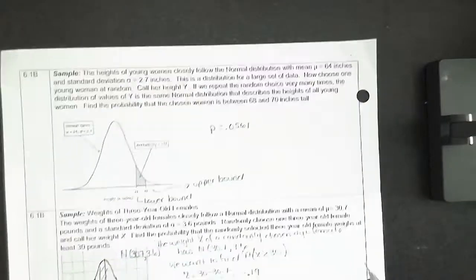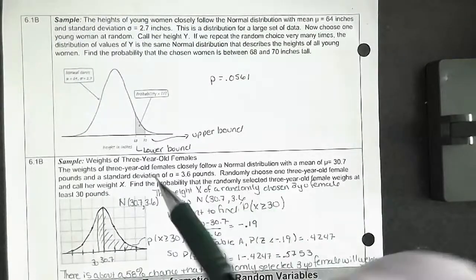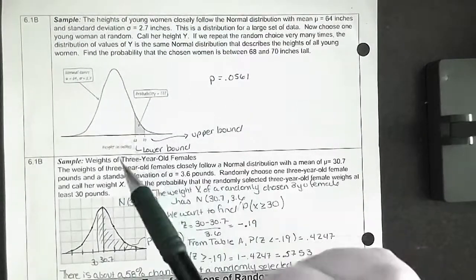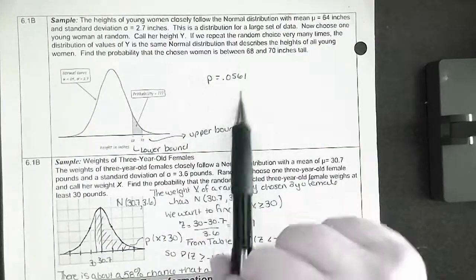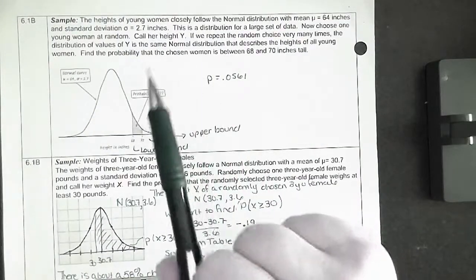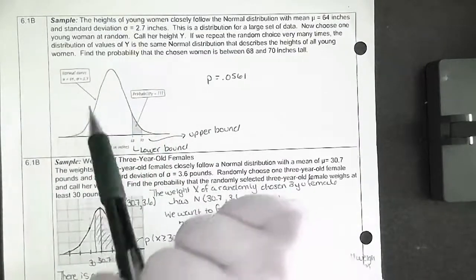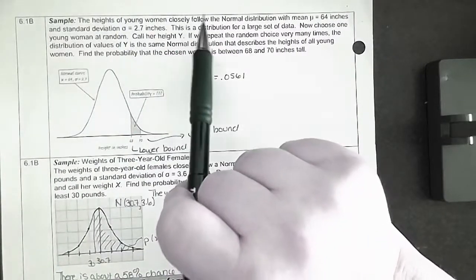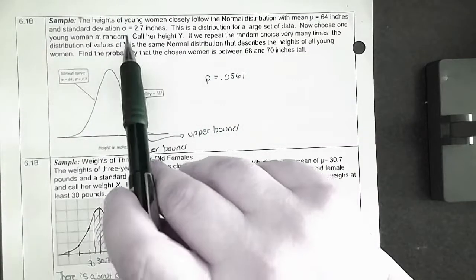All right, moving to the next one. We just have two more things. This is an interpretation of finding the probability. I'm going to show you with the calculator as well. The heights of young women closely follow the normal distribution with a mean of 64 inches and a standard deviation of 2.7 inches.